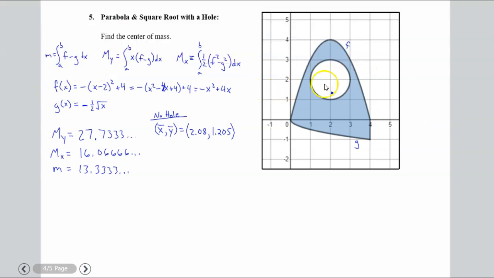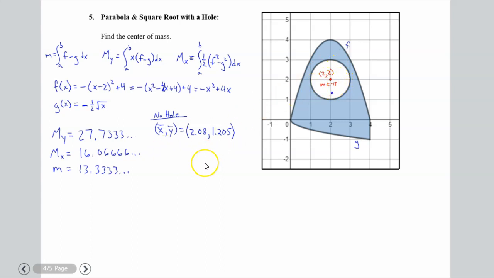We're going to take this hole centered at 2, 2, and I'll rewrite this one in. We know this centers at 2, 2. The area of this circle is pi r squared, and it looks like a radius of 1, so pi times 1 squared will just be pi. All right, so that's what I get for this one.